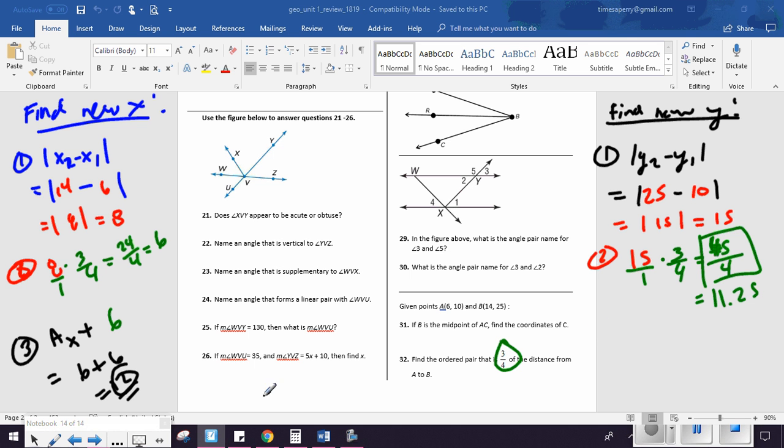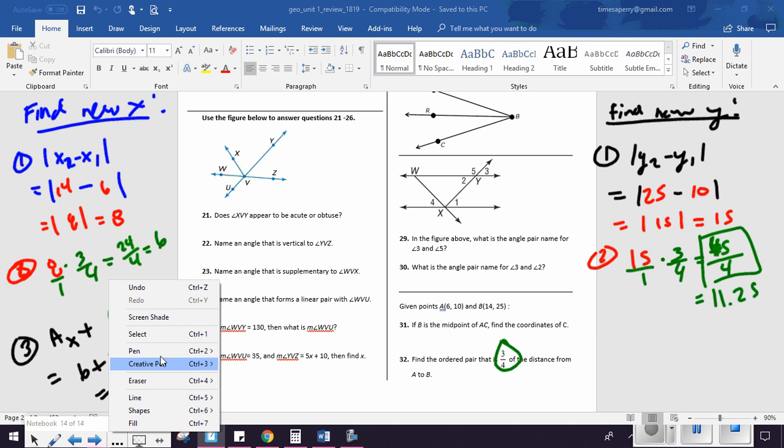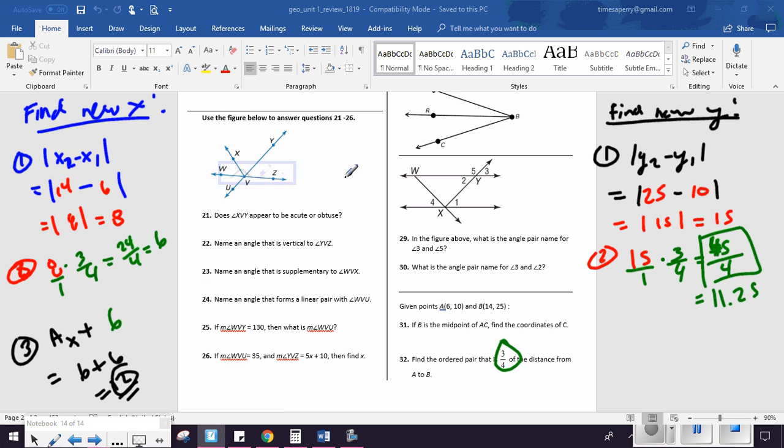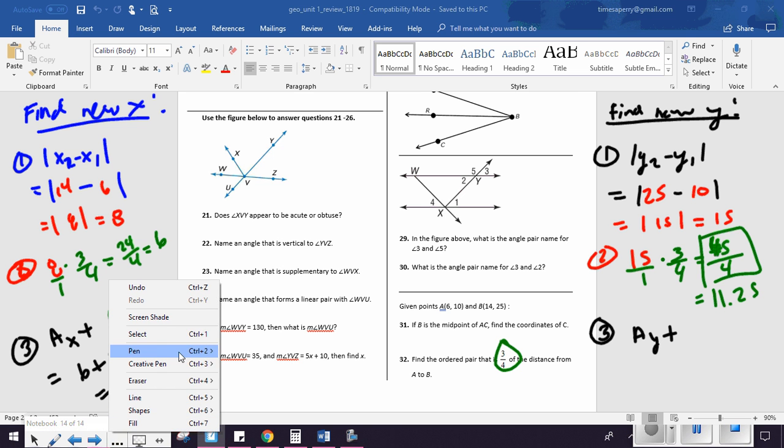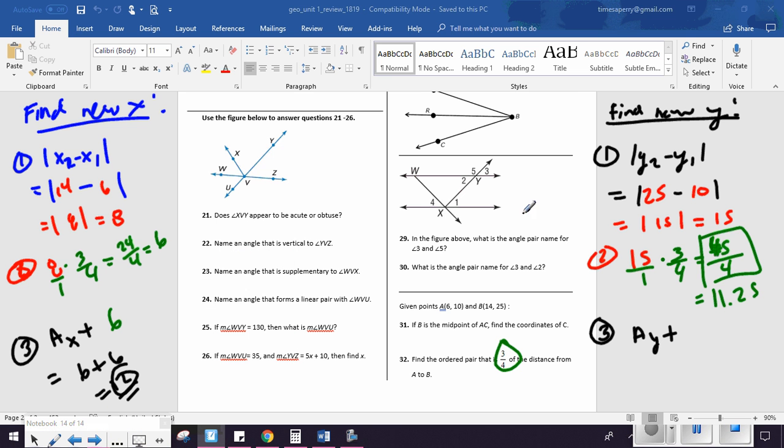Now you take your starting y value. So since I started at A, I take A's y value. And my y's are increasing, so I'm going to add my fractional distance, which was 11.25.